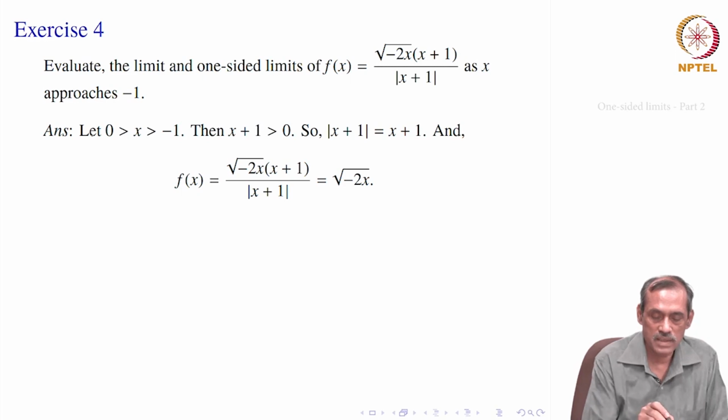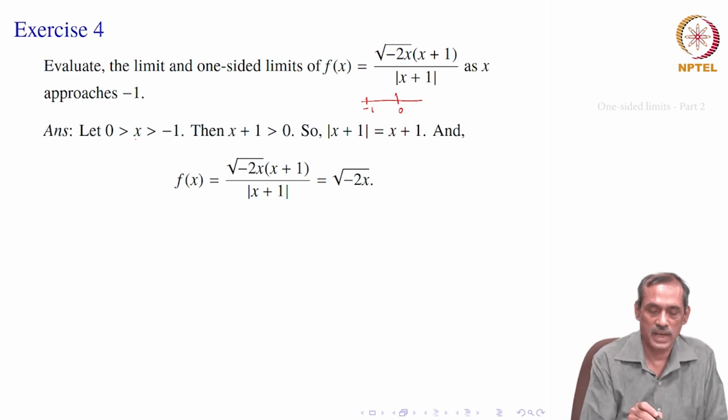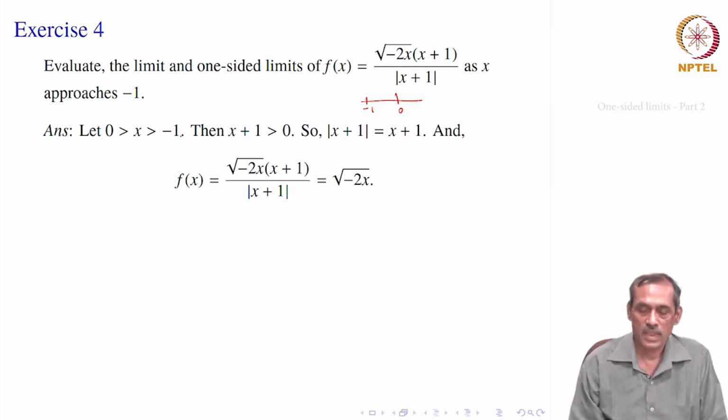Okay. So, let us consider the left side limit. So, left side limit means x will be negative, let us say we take some neighborhood conveniently, say minus 1 to 0, let us say x varies between that.